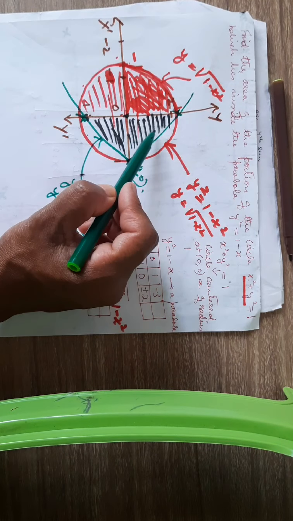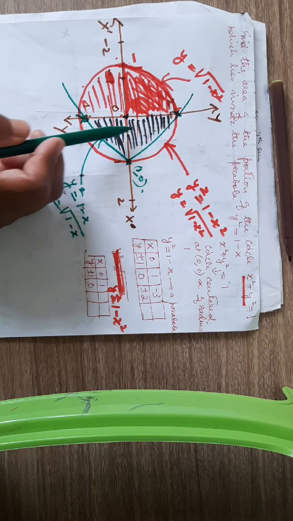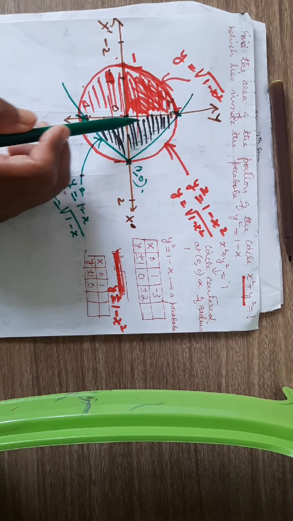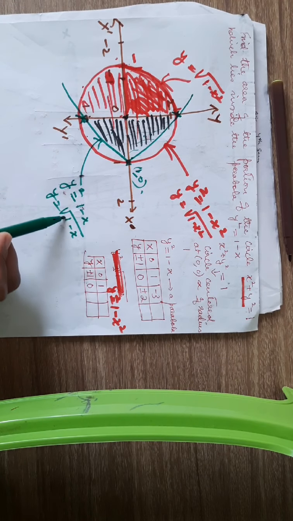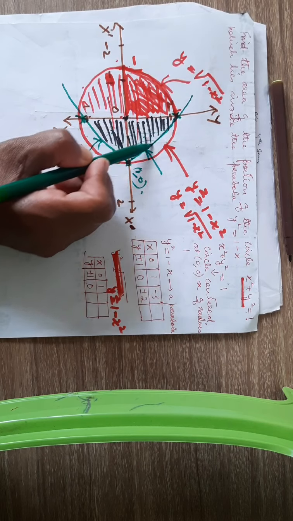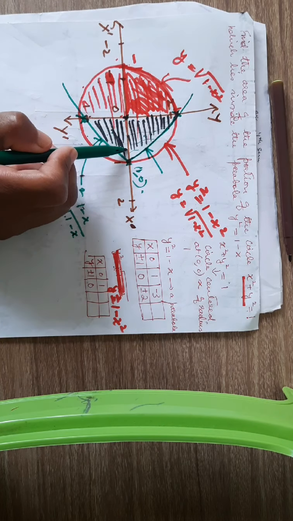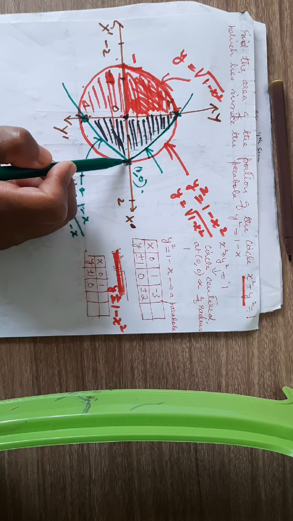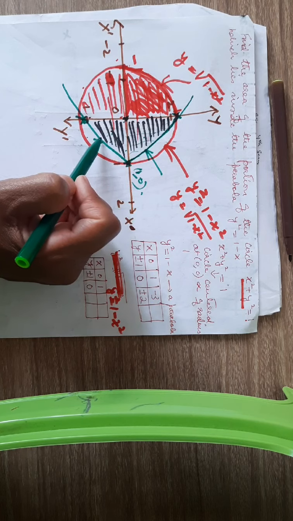Again, the area represented by black color and this one are the same. So it's enough for us to calculate only the region bounded by the curve y is equal to square root of 1 minus x, with the x-axis, from x is equal to 0 to x is equal to 1. Again, I'm taking the positive square root because I'm going to consider only this one. Then you multiply it by 2 so that you'll get the total area.